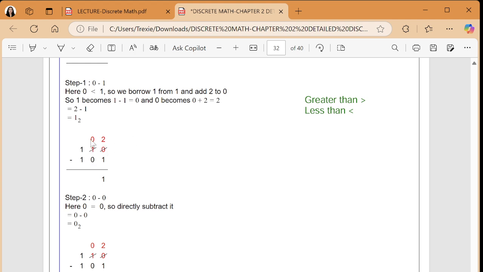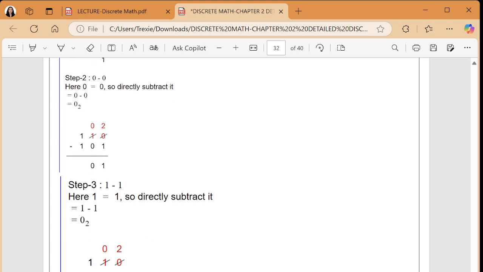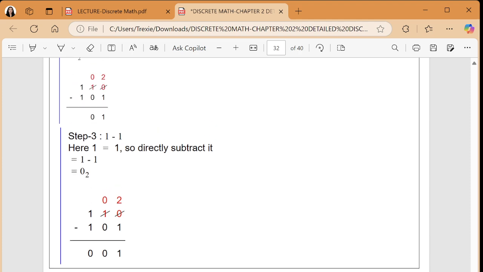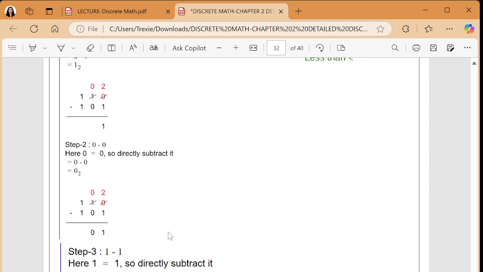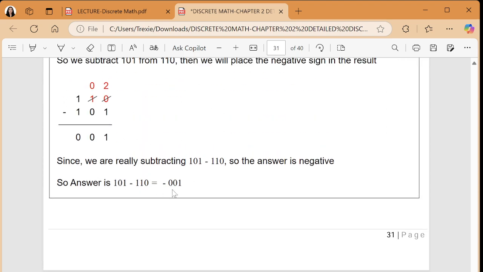So 1 becomes 0 and this 0 becomes 2 since we borrowed 2 from the left side. So 2 minus 1 would be 1. Then 0 minus 0 is 0. Then 1 minus 1 is 0. So the answer is 001. Same answer.